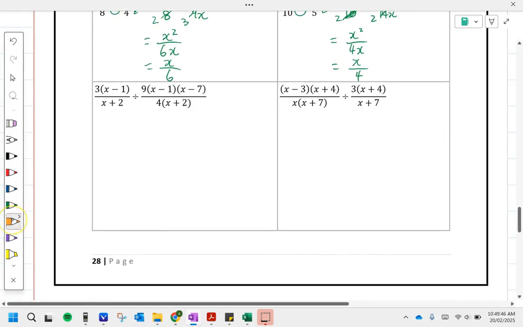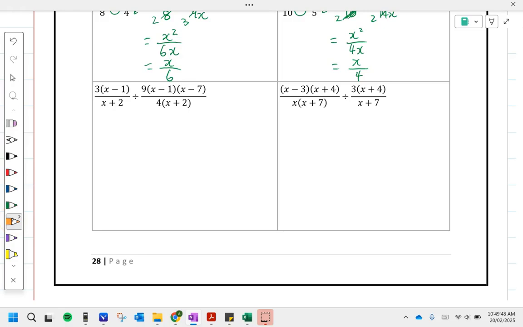And last one. Oh, last 2 questions. Everything is factorized already, except it's x plus 2, so we'll just put that in brackets. Because this is divide, we're going to keep, change it to a times. I'm going to flip it.